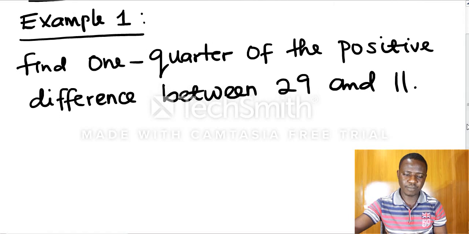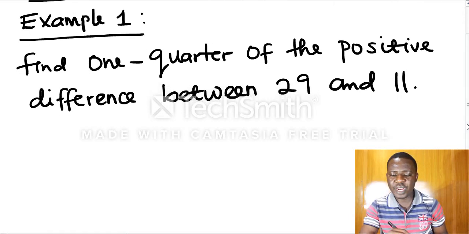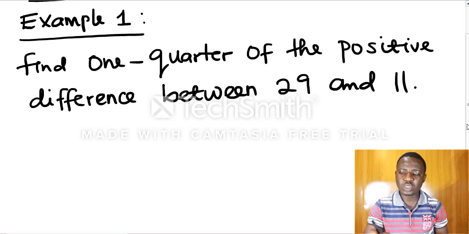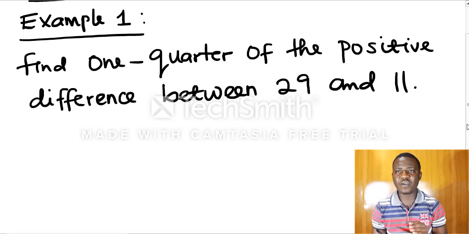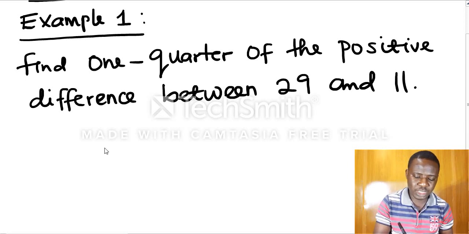Example 1 says we should find 1/4 of the positive difference between 29 and 11. 1/4 of the positive difference between 29 and 11 means I should find the positive difference between 29 and 11 and divide it by 4, or take 1/4 of it.